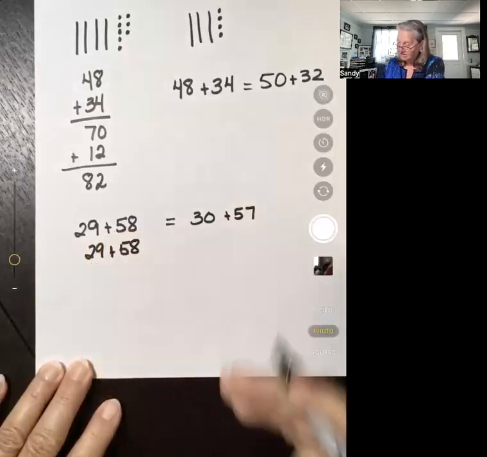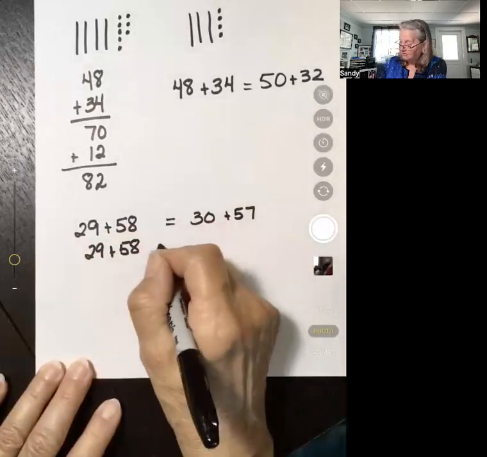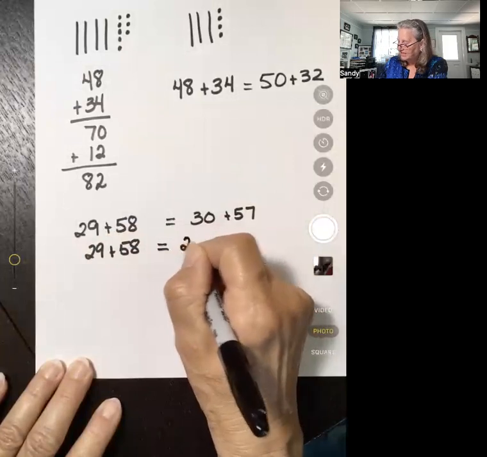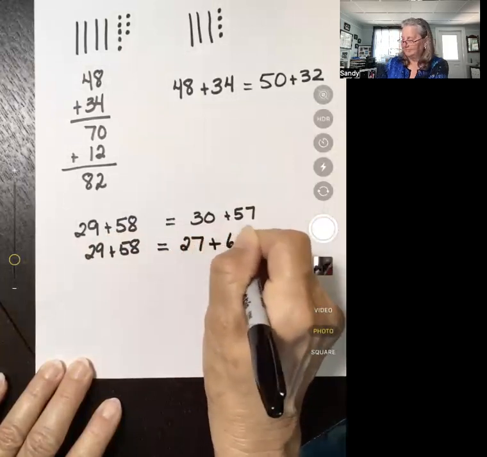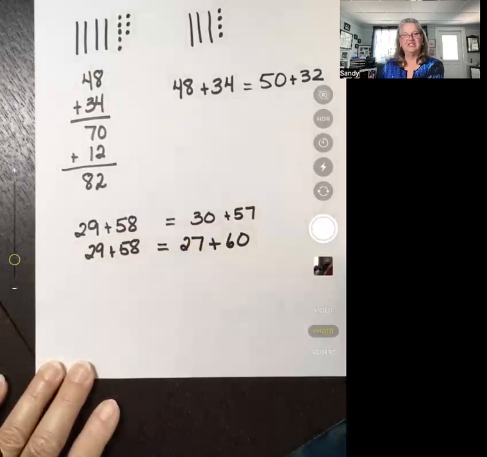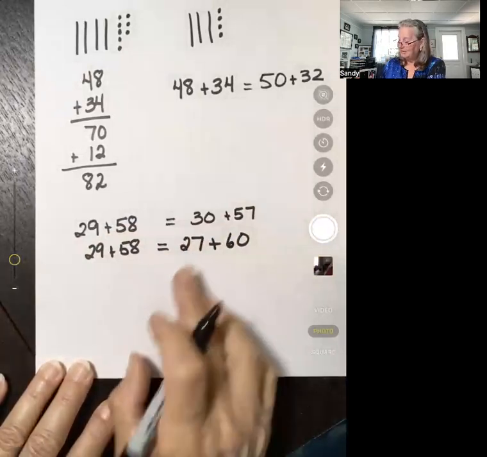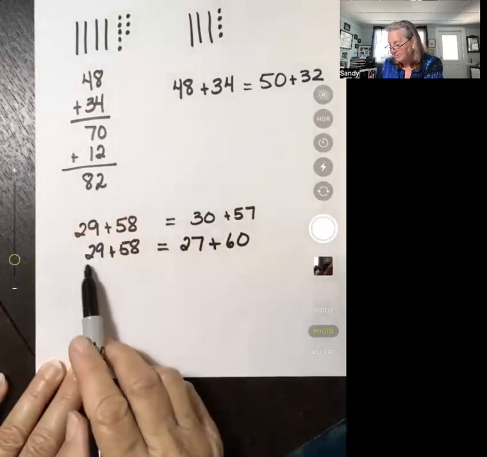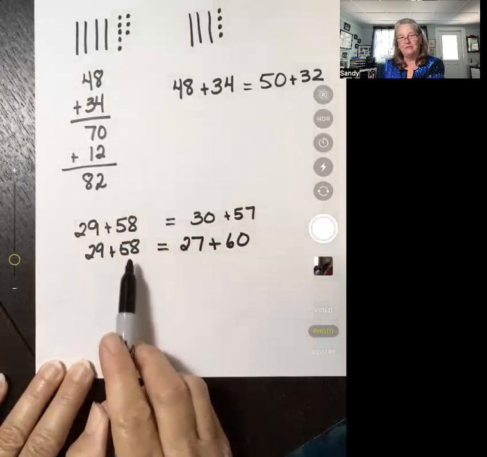I don't always have to go to the first addend. I could have thought of this as 27 plus 60. Bridge the other direction, right? Here I'm associating a 1 from here with the 29. Here I'm associating 2 from here with the 58.